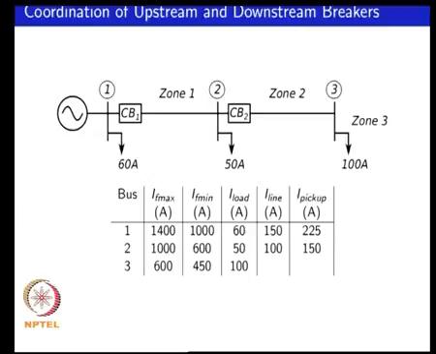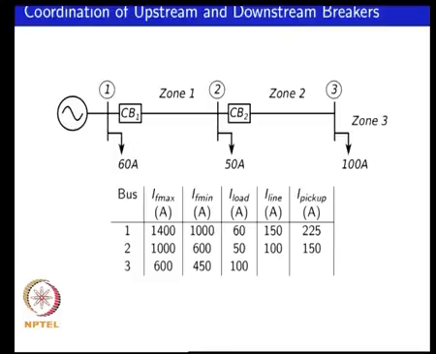So, you might not be able to meet all these requirements, but your objective is to try and meet as many as possible. Okay. So, the other thing that we did in this example is look at individual values of fault current levels, looked at the maximum and minimum, and looked at what the trip timings are of the breakers.